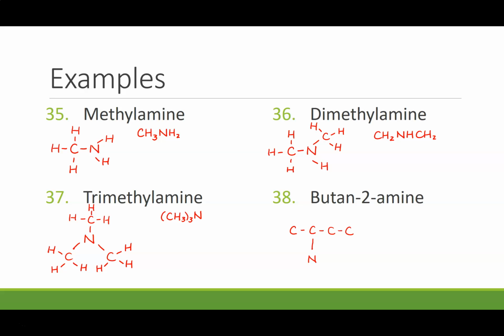So this nitrogen should have 2 more bonds, and the rest of the carbons should all have 4 bonds. So there's the full structural formula, and the condensed structural formula is CH3CH(NH2)CH2CH3.